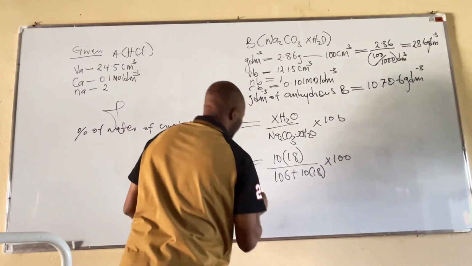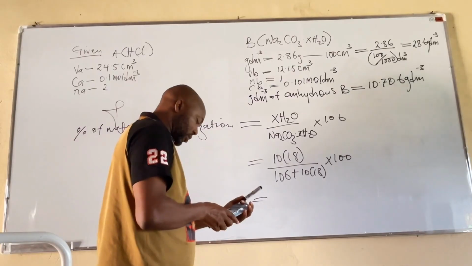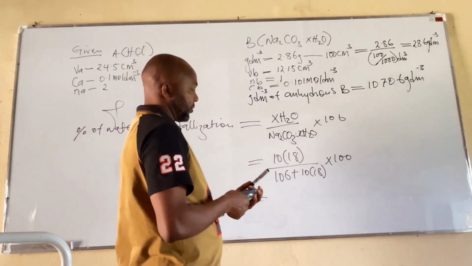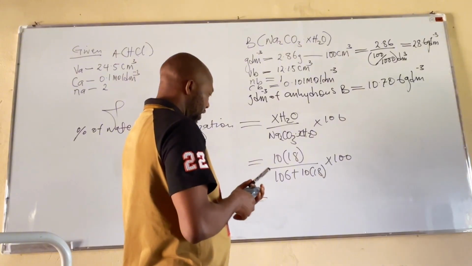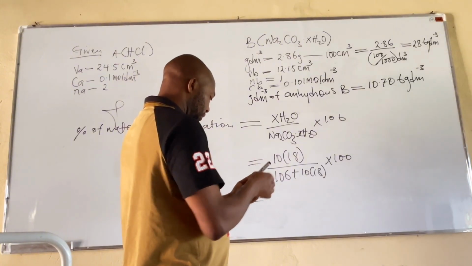And that is equal to what? So we go 10 times 18 is 180. 180 plus 106 is 286.